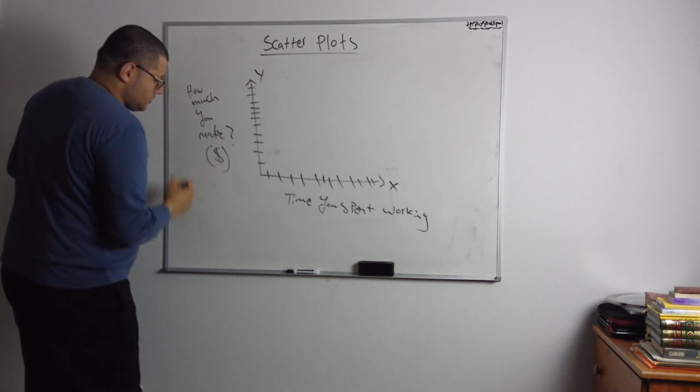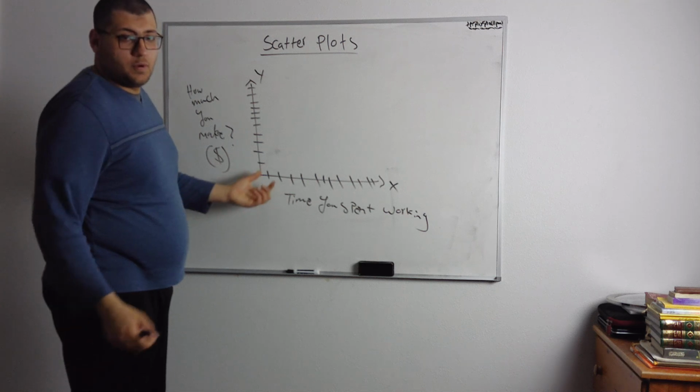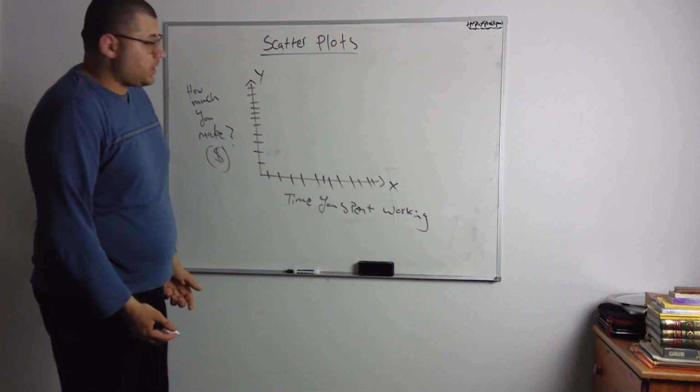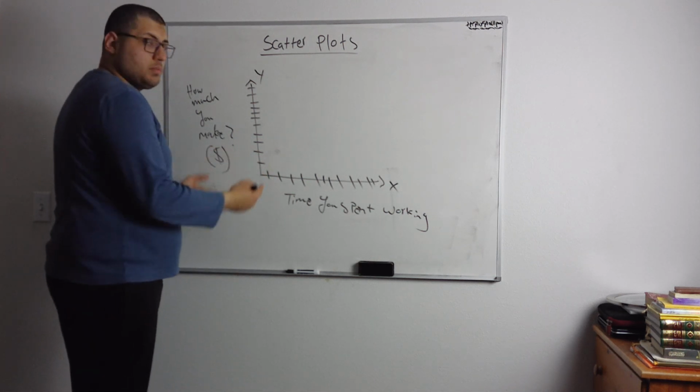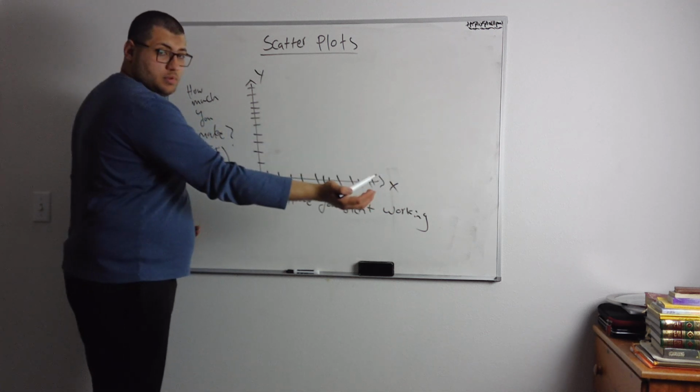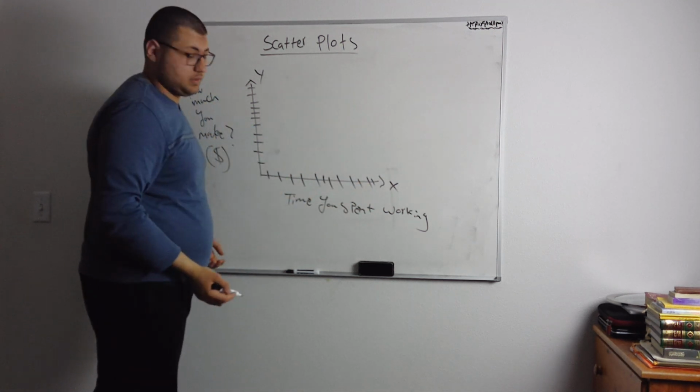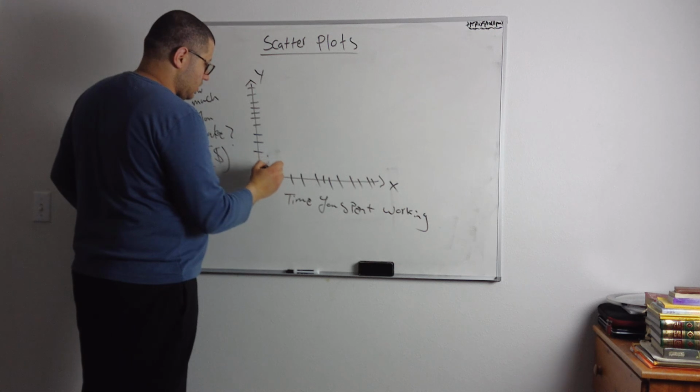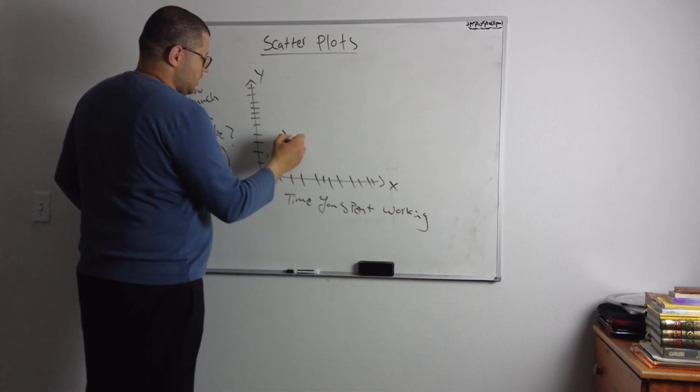So if you work 3 hours, you're going to make a small amount of money. If you work 100 hours, you're going to make a large amount of money. All right? So going like this.